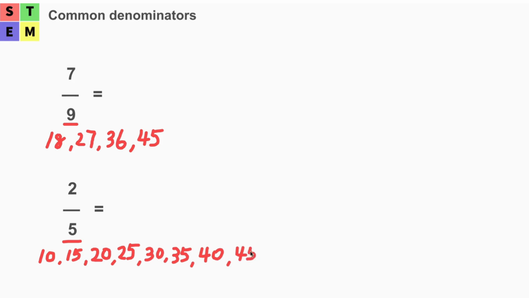So 5 times 9, which is 45. Okay, so at this point I don't have to continue anymore. We got 45 here and we got 45 here. So seems like we have to do it times 5 here, and we have to times 9 here. Okay, so we got 45 for the denominator, and for the numerator I have to again here, because I times 5 here, I have to times 5 for 7.